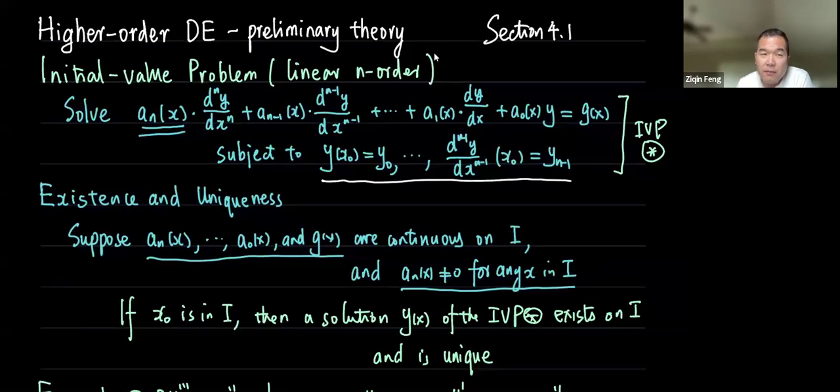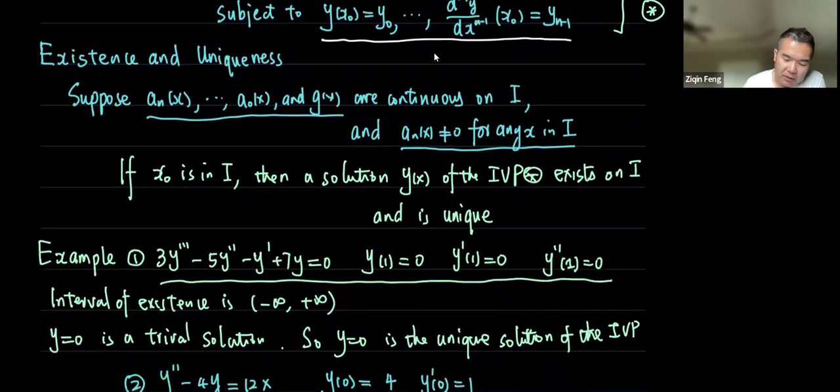So if you have some conditions given at different points, the first one at x0, the second one at x1, that's called a boundary value problem, right?